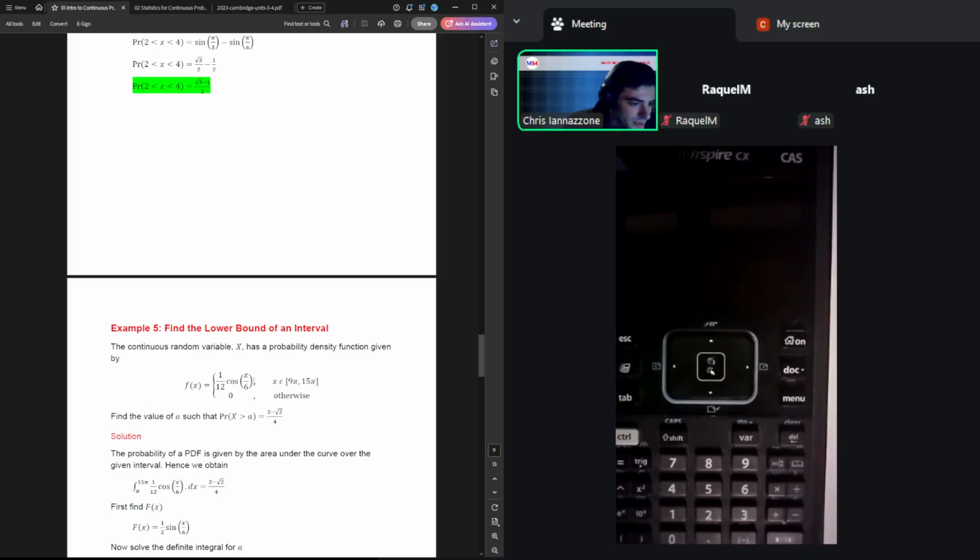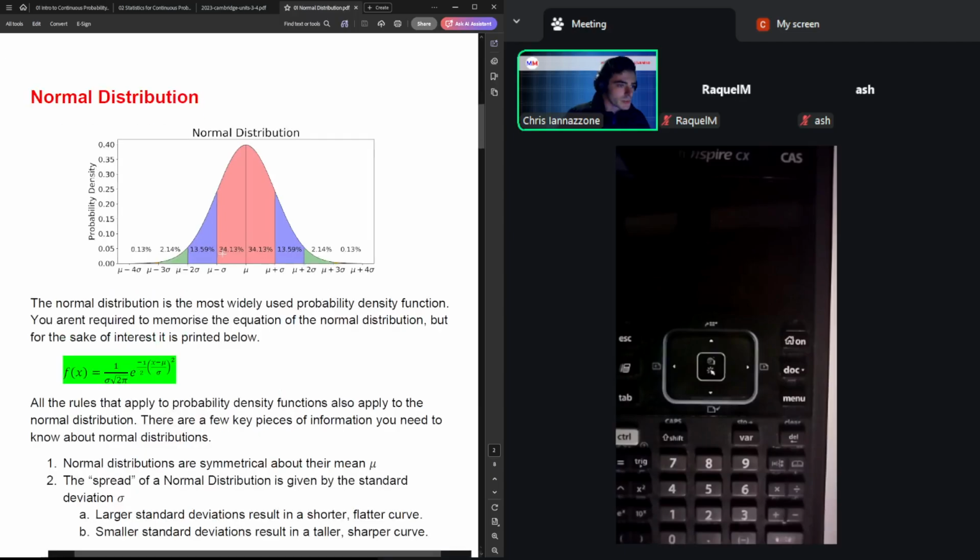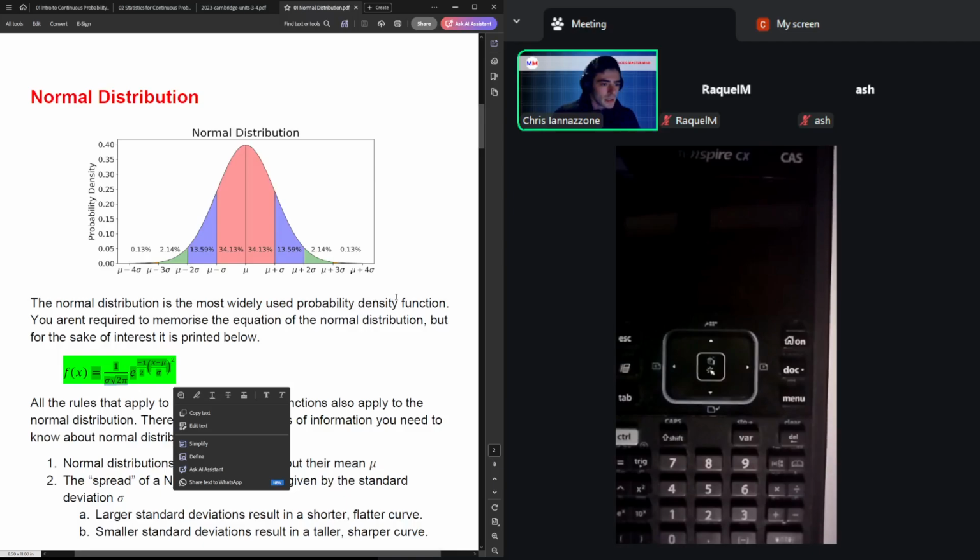But to give you like an example, we'll take a sneak peek at the normal distribution. So this is the bell curve. You guys might have seen this before. Your grades are distributed in some sort of bell curve like this. And that has an equation. It has this equation specifically.